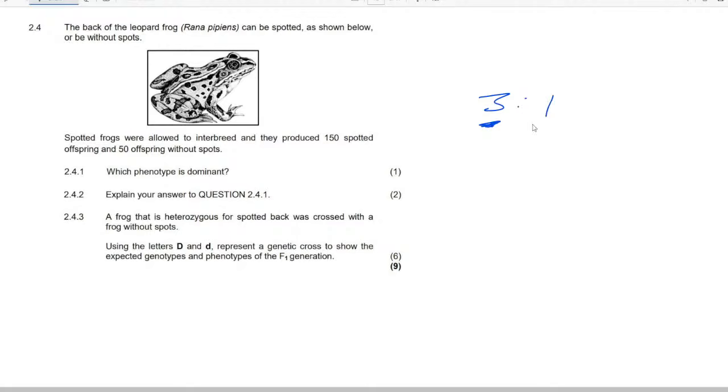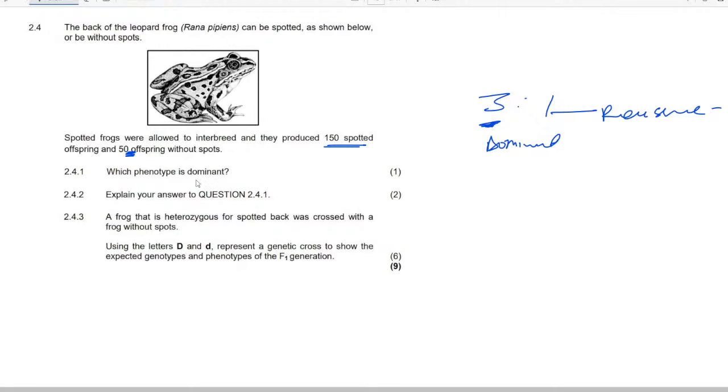Obviously, if it's 3 to 1, remember when you're talking about this, we are talking about dominant alleles. These are dominant and these are recessive. So it means that these ones are dominant and these ones are recessive.